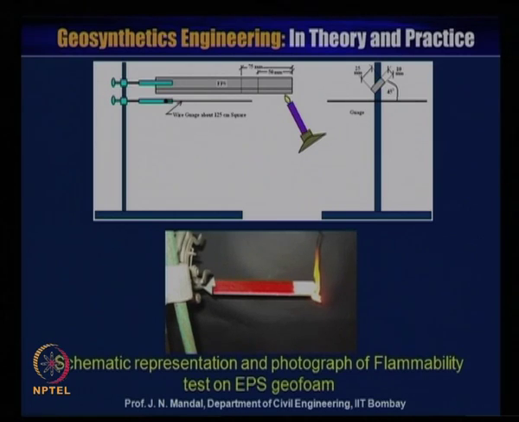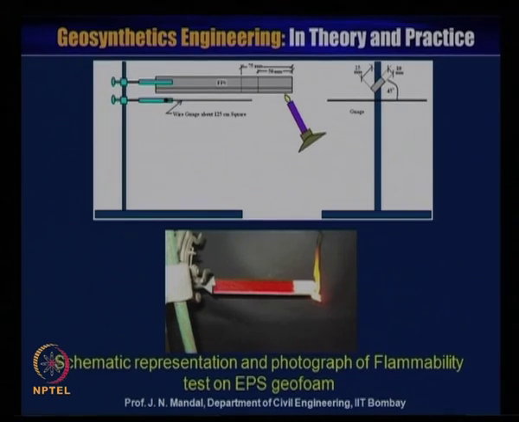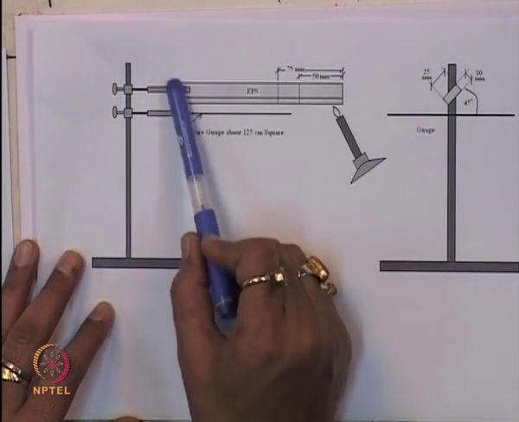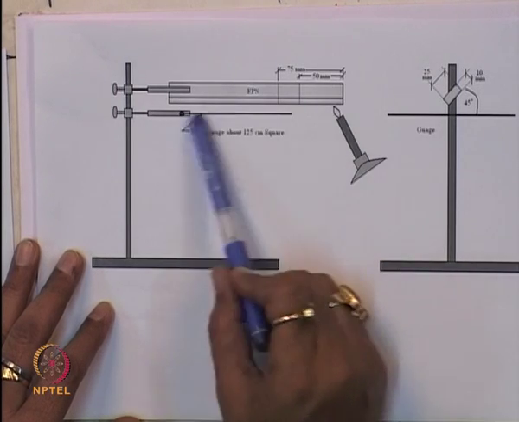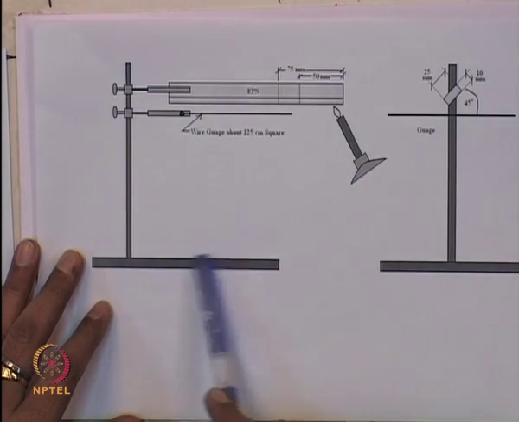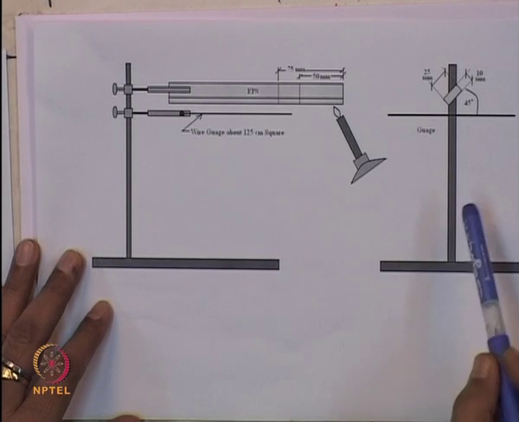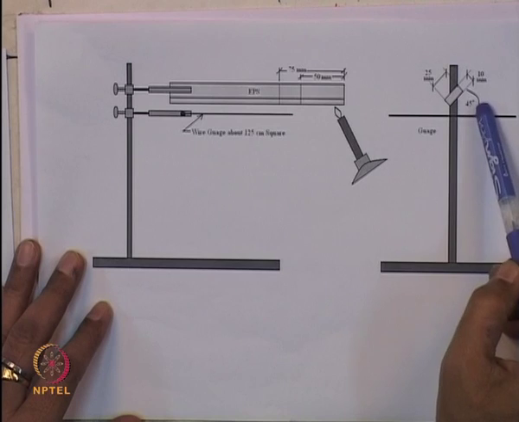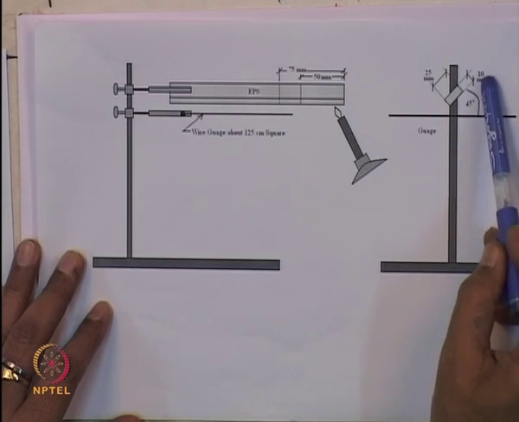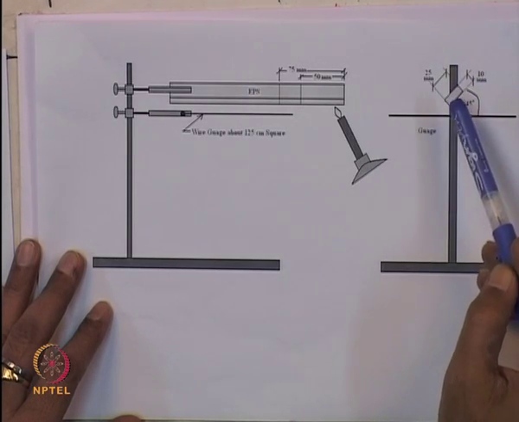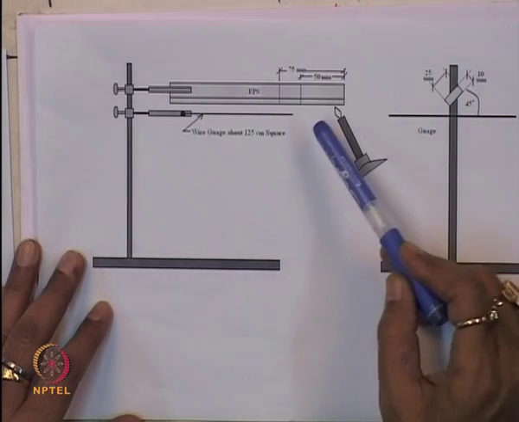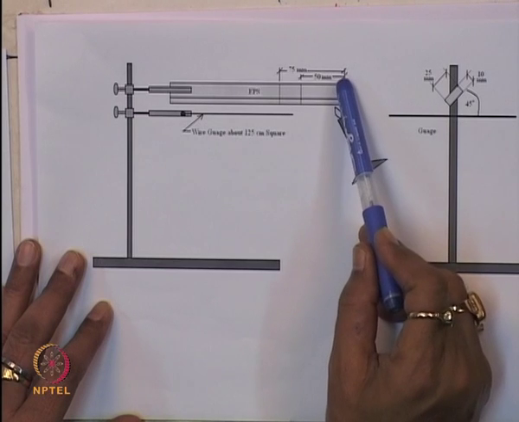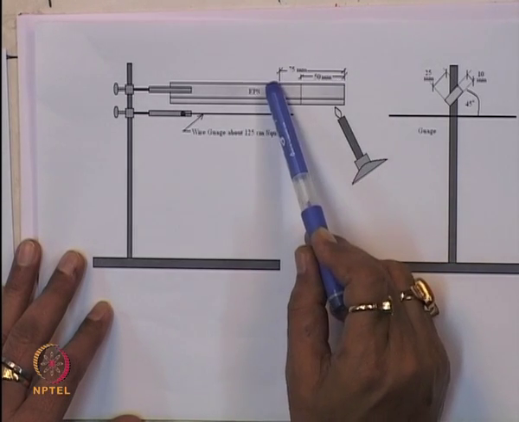I am just showing you with these copies. Here is the EPS geofoam material which is clamped, and this is the stand, which is making an angle of 45 degree. This is 10 millimeter, this is 25 millimeter, and from here to here is 50 millimeter, from here to here is 75 millimeter.